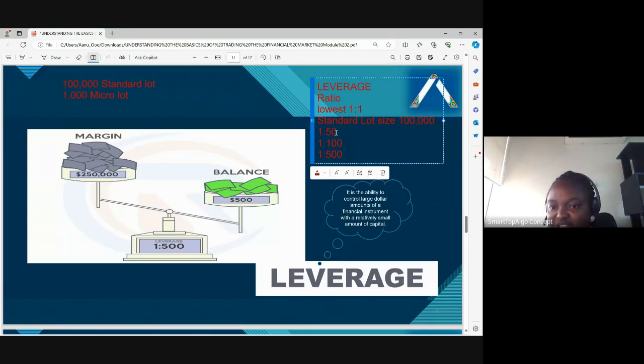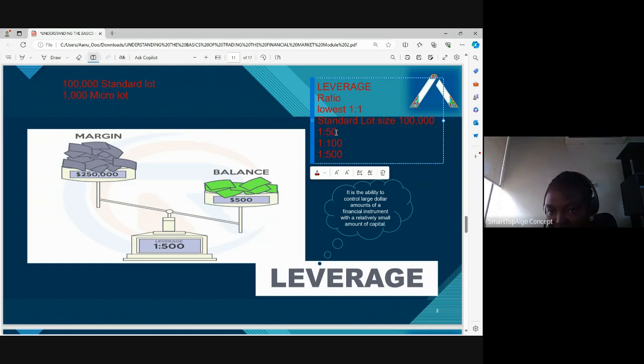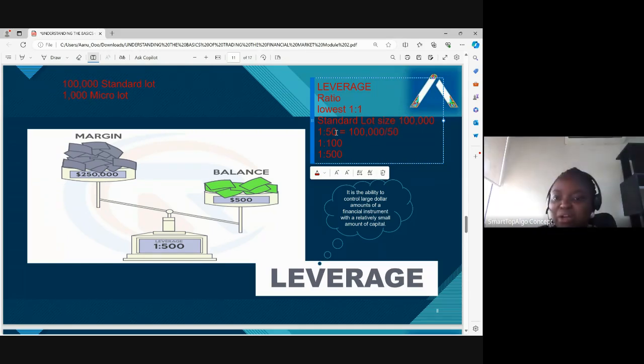Now, with leverage, if I choose a leverage of 1-to-50 and I want to enter, how much capital do I need to be able to enter 1.0? That's the question. To do this, it will be 100,000 divided by 50, the value of the leverage.